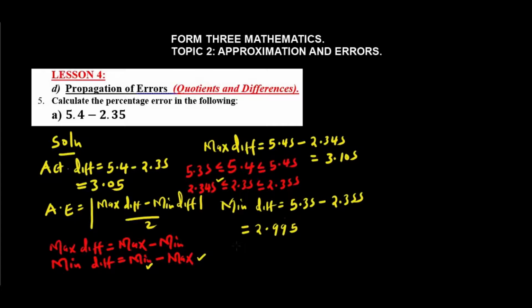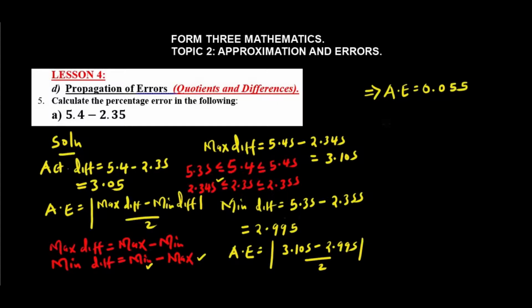So the next step, the absolute error becomes the absolute value of the difference between 3.105 and 2.995 divided by 2. So that implies that the absolute error is 0.055.